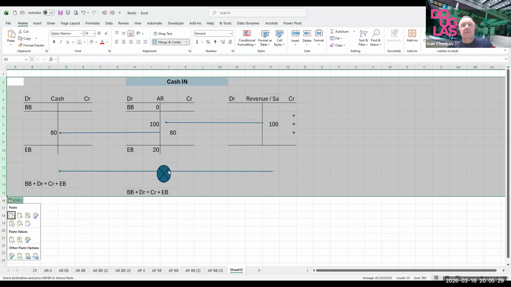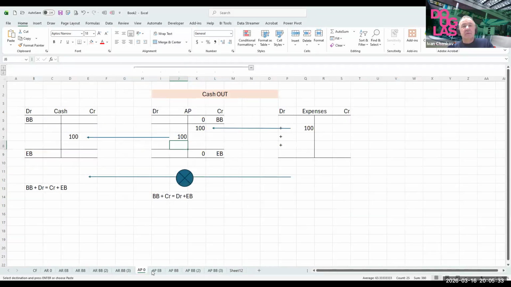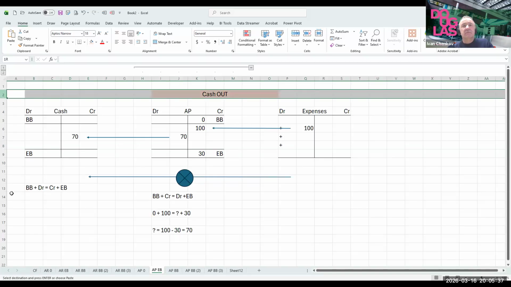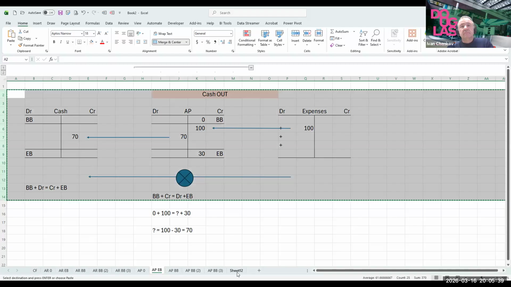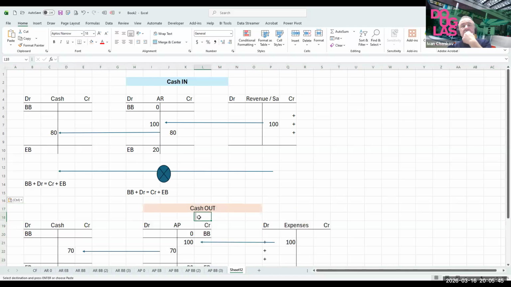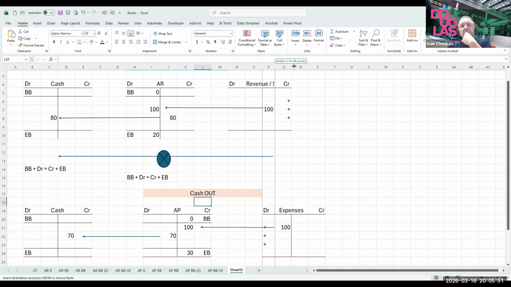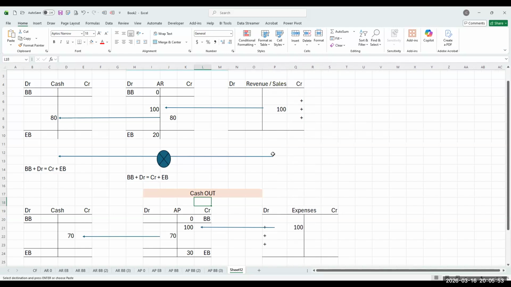And then I'm going to grab the other calculation, which is for the cash out. Can you guys see it? I can see it. Okay.